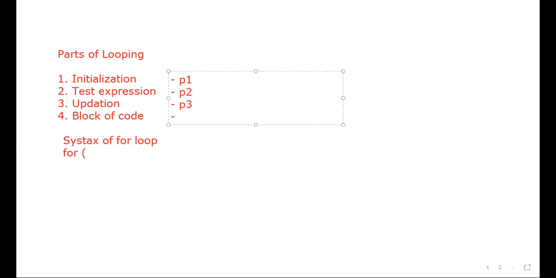I have given a name to them shortly so that you can easily remember. I usually write 1 2 3 4, लेकिन चलो ठीक है, I have given it name as P1 P2 P3 P4. Initialization is P1, test expression is P2, updation is P3, and block of code is P4.